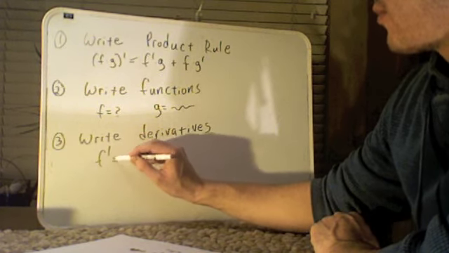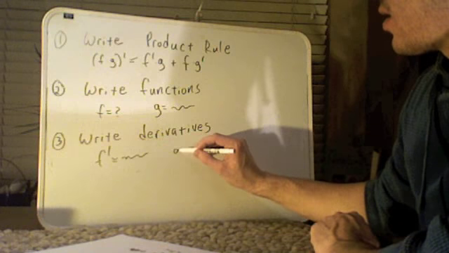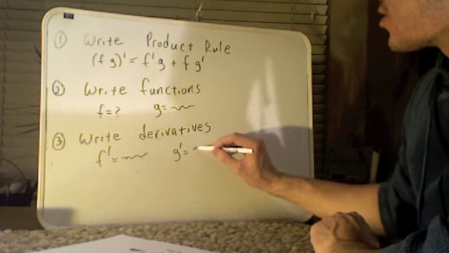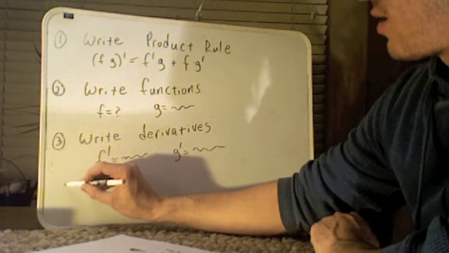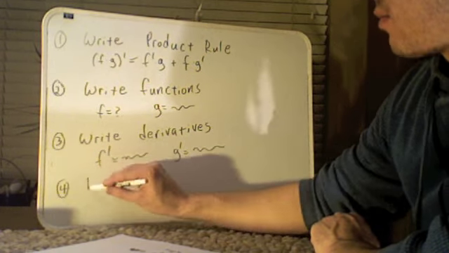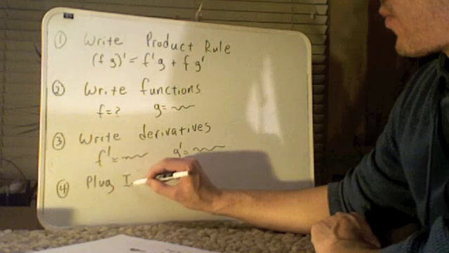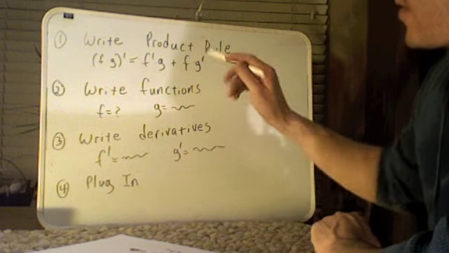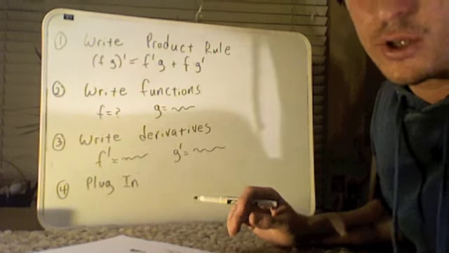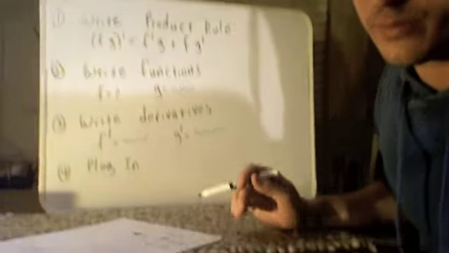F prime equals something, G prime equals something. Step 4, plug everything in. You take your functions and your derivatives and you plug them back into your product rule.